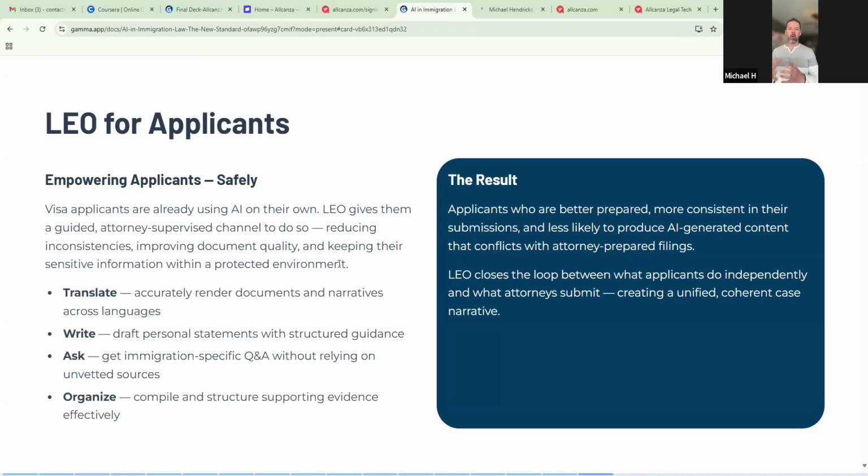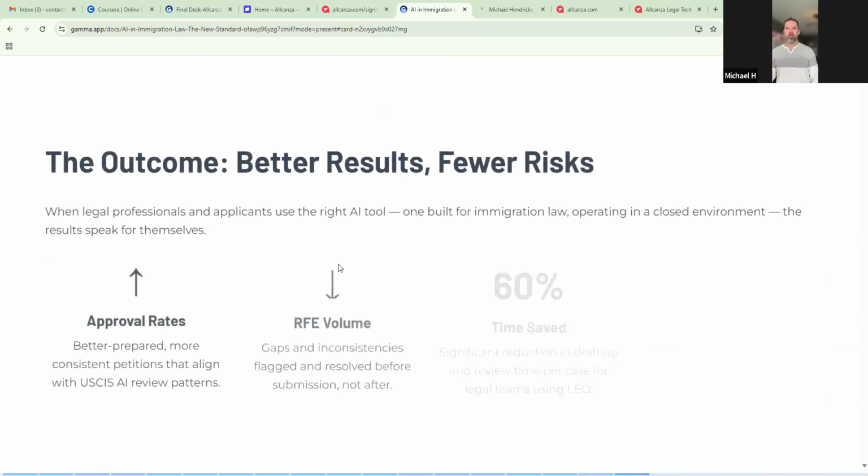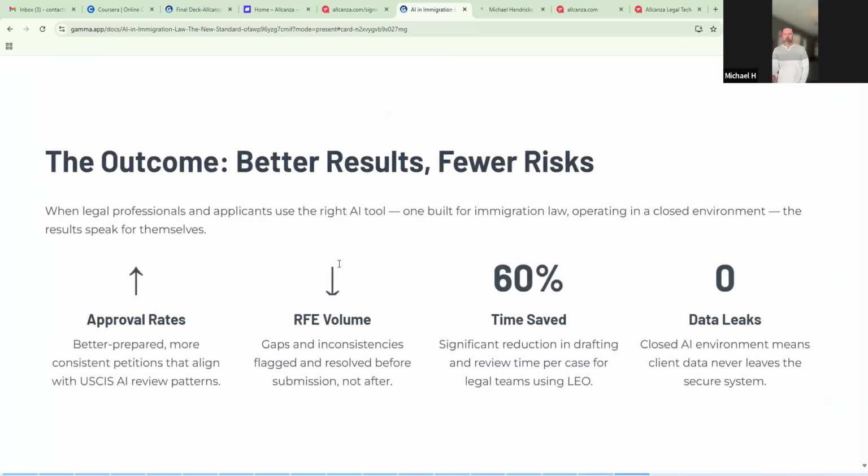How do you want it to sound? The more you use it, the more it'll get your tone and it'll start writing things in your voice. Leo closes the loop between what applicants do independently and what attorneys submit, creating a unified, coherent case. Less conflicting, more accurate, and more likely to be approved. So the outcome: better results, fewer risks, approved AI.